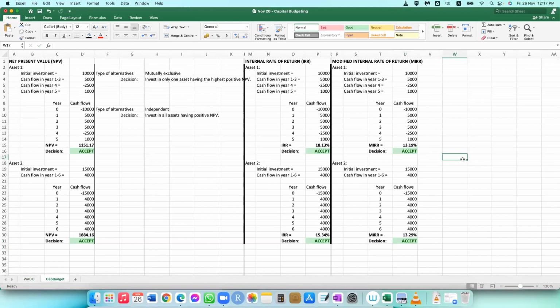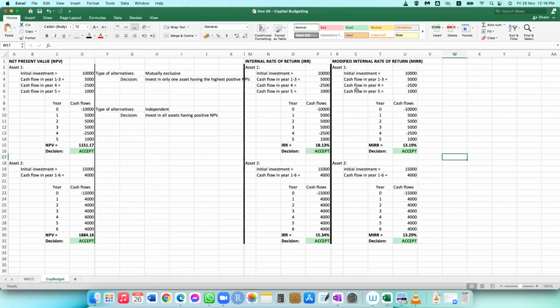Okay. So this is how you can actually calculate the MIRR. So what we have learned are the 3 tools of capital budgeting. One is the net present value, another one is the IRR, and another one is the MIRR. But MIRR and IRR are conceptually the same thing, the only difference is MIRR is a better measurement compared to IRR.